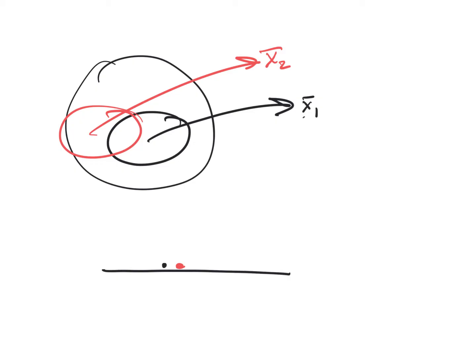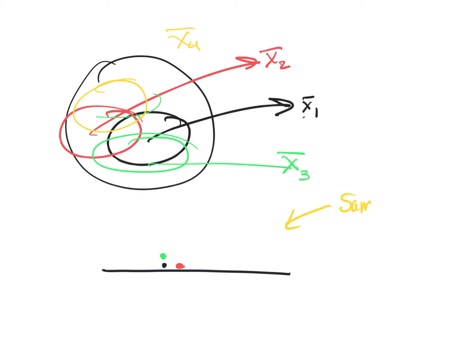Then sample three, take the mean and put it on your number line. You would do this over and over and over again, all different random samples, one after another, and you build a distribution. This is called the sampling distribution.